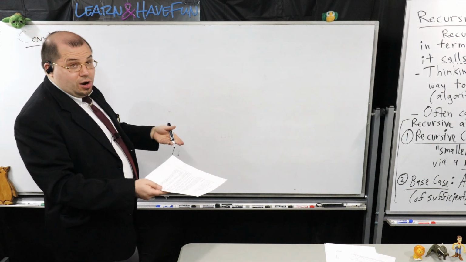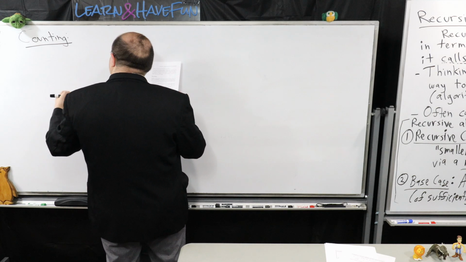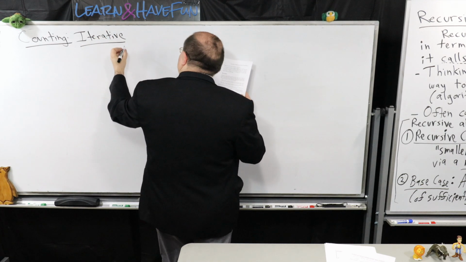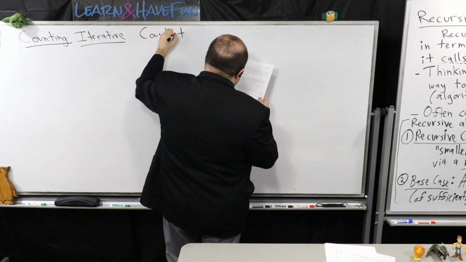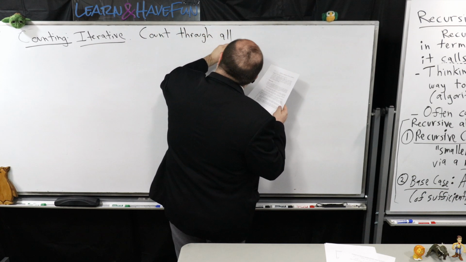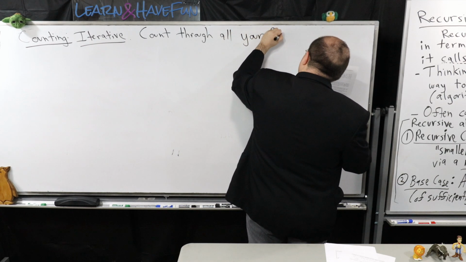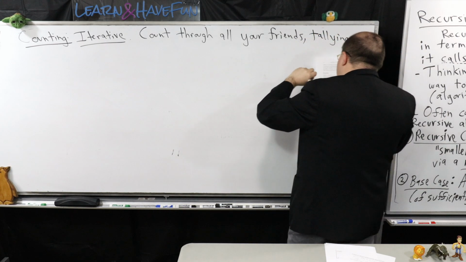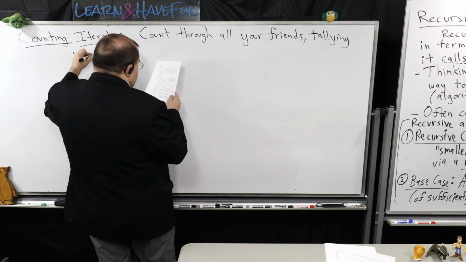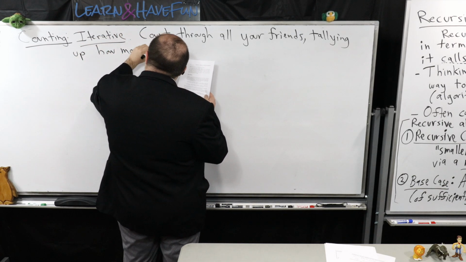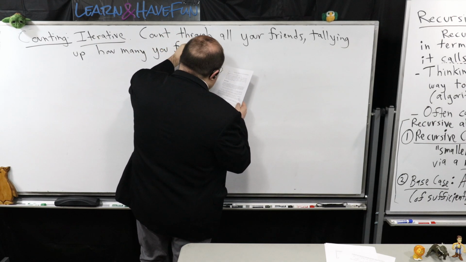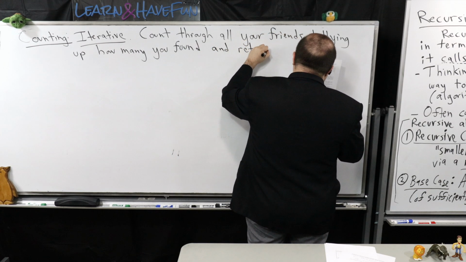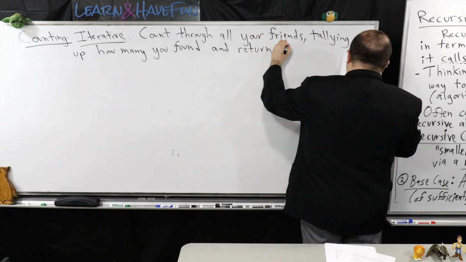Just to recap, an iterative way of thinking about the example we just did would simply be to count through all your friends, tallying up how many you found, and return the total count.